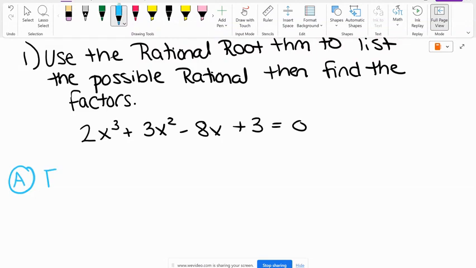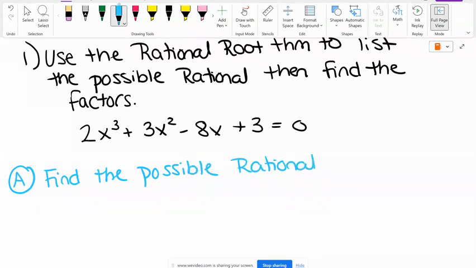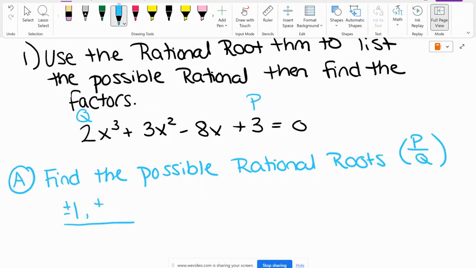So our first step is going to be find the possible rational roots, which we call P over Q. So I need factors of my constant, P, over factors of my leading coefficient, which is Q. So factors of my constant are going to be plus minus 1, plus minus 3.